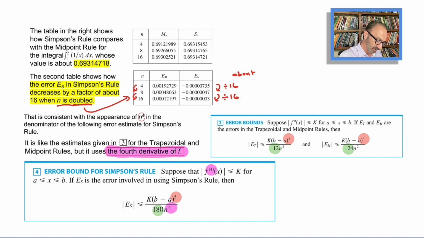For Simpson's rule, the error is a little bit different. We use the fifth power. We have n to the power 4, not 2, and we have 180 right here instead of 12 or 24. That's another reason why it's more accurate.